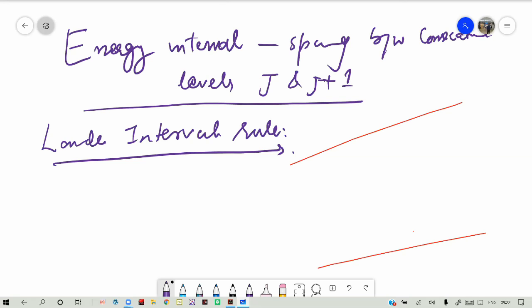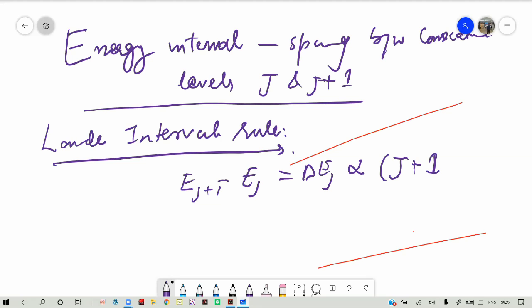It states that the energy interval, E(j+1) minus E(j), that is delta E(j), is directly proportional to the quantum number j plus 1.